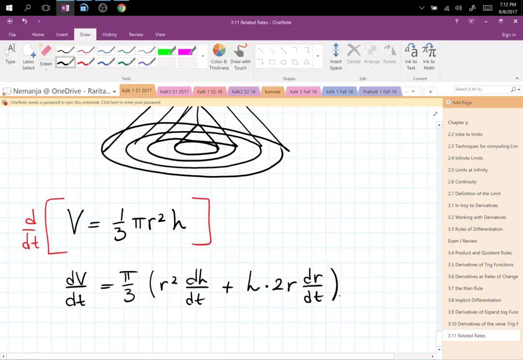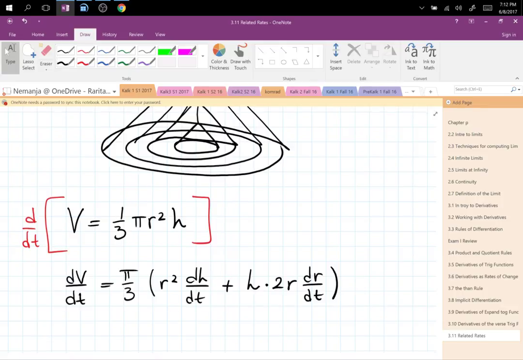So we have to do the product rule, and we have to remember that every time when we take the derivative, we follow with the chain rule. Remember from the implicit section, dy dx, where right now it is going to be everything dt, so dh dt and dr dt, where we took the derivatives.